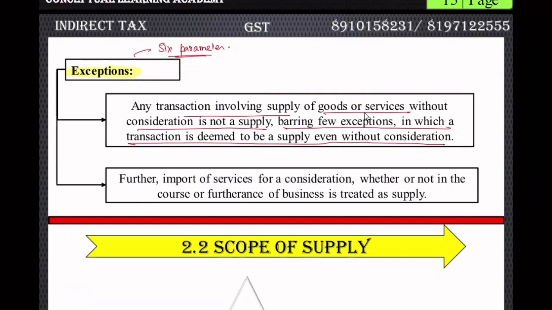Okay, this is what we'll read with the name of Schedule 1. Okay, there are 3 schedules in whole GST Act, and all the 3 will be done in the supply. Okay, so schedule 1 is what? Right now, let's have just this much. Schedule 1 is exception to consideration.